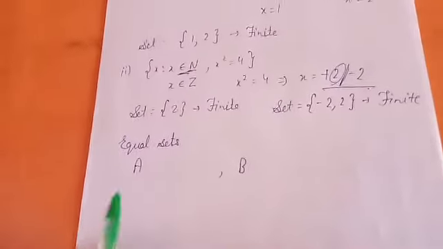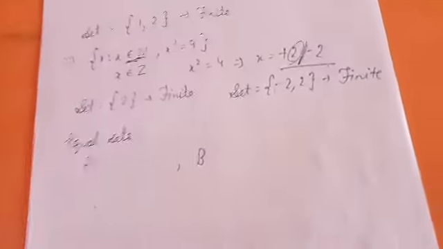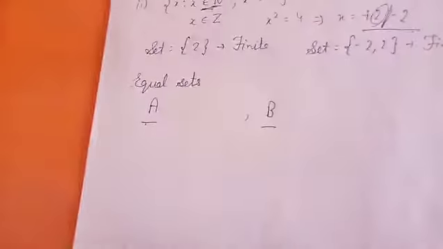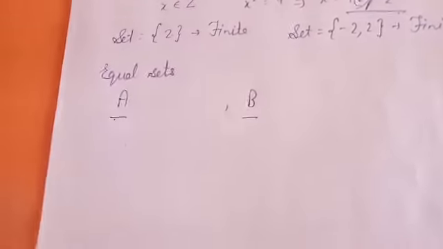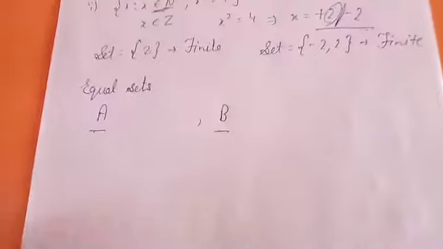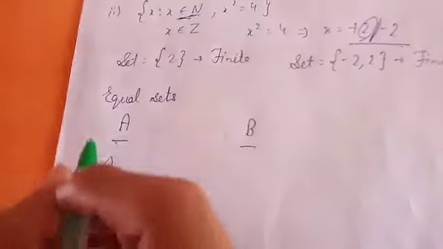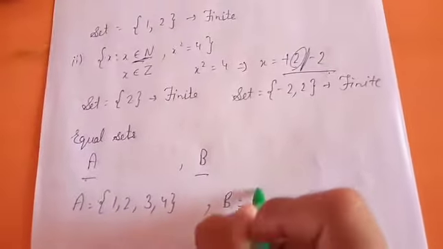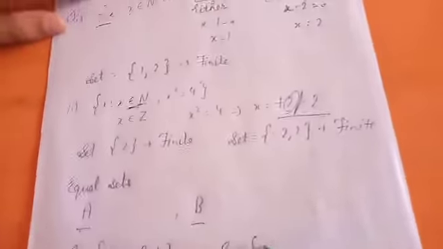That these sets A and B are equal if the elements of A are same as that of B. Okay. Now say A is any of our sets which has elements 1, 2, 3, 4, and B is any of our sets whose elements are 2, 4, 1, 3.